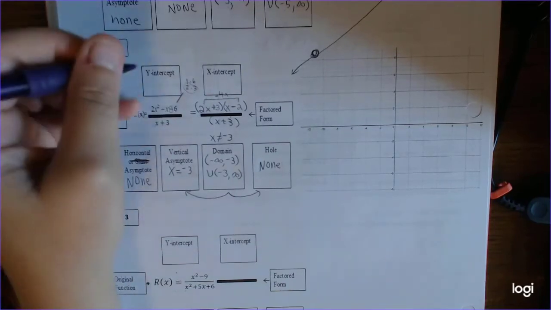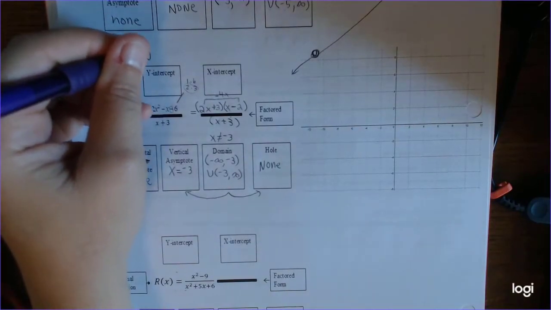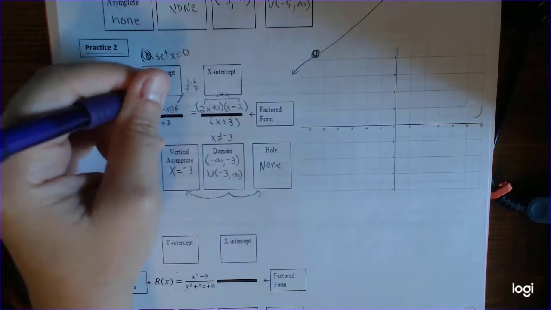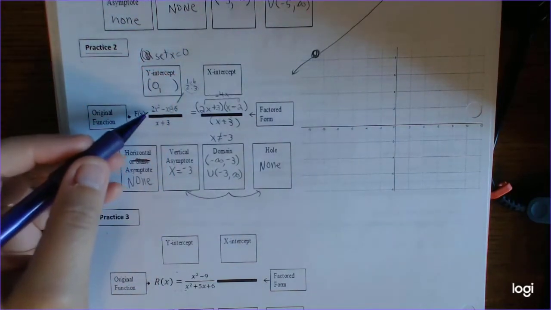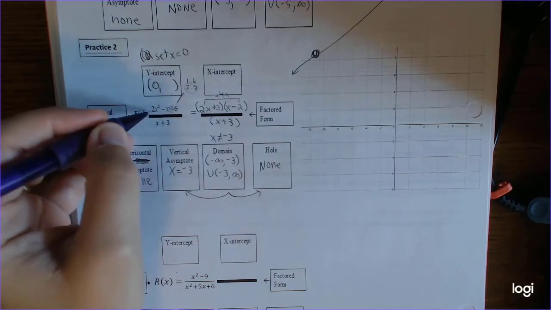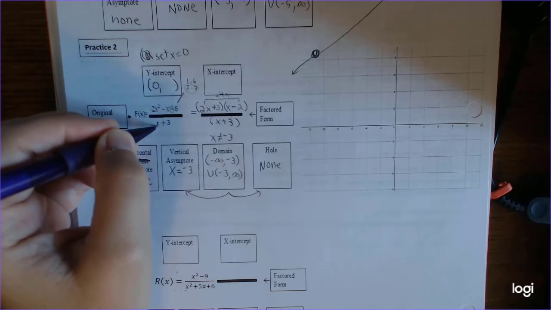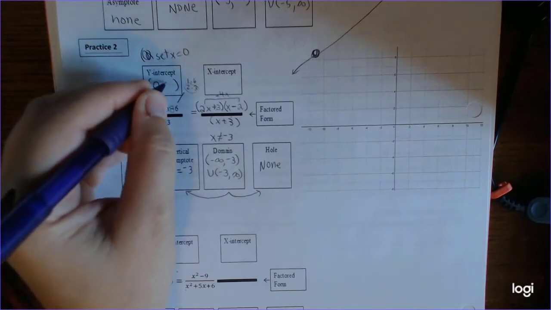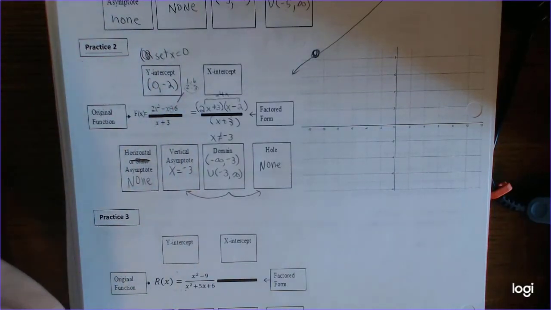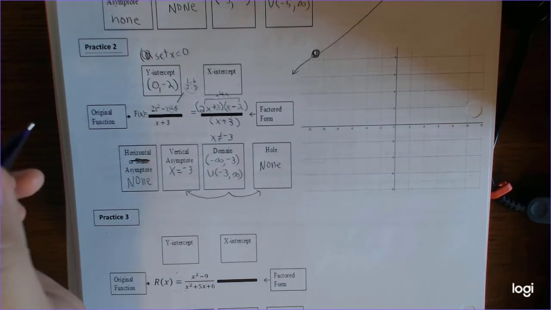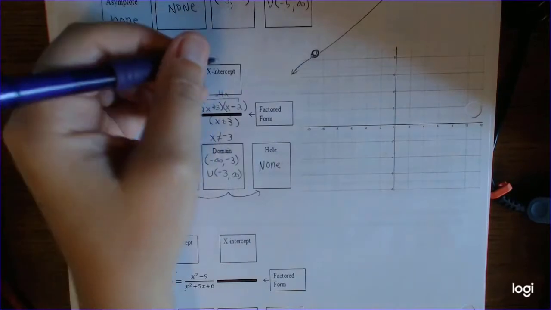The y-intercept, you set x equal to 0. And I always think it's easier to use the multiplied out function because if you put 0 in for the x's, you're left with negative 6 in the top over 3, so that's 0, negative 2. Alright, now the x-intercept, you set the numerator equal to 0. It's better to use the factored form.